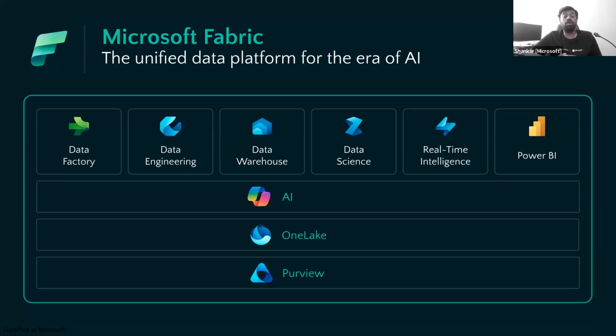And you have different workloads or personas that can operate on this data, starting from the legacy Data Factory to the new data engineering pipelines, the data warehousing capability, the data science notebooks, real-time intelligence, and finally the most popular one, Power BI. And underneath that is Purview, which can natively integrate with all of these and the other assets to make sure that you have a single governed platform that provides an end-to-end seamless experience in a SaaS-based fashion.